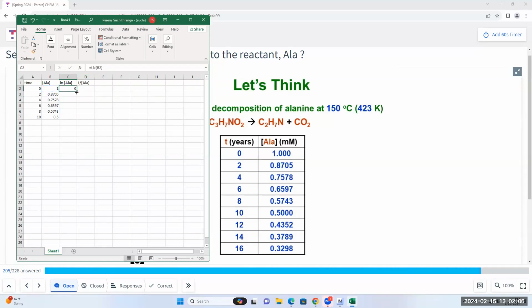Then go back to that cell and double click on the small square, and it's going to populate the entire column. And for 1 over concentration, equal sign, 1 over concentration. Then go back to that and double click on the small square. It's going to populate that. Now it's easy.